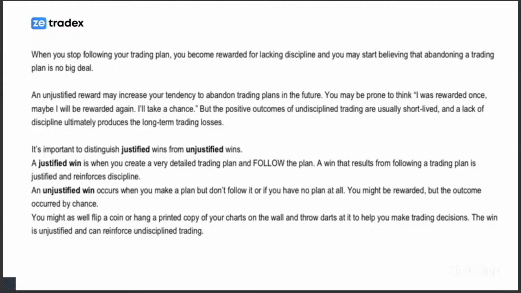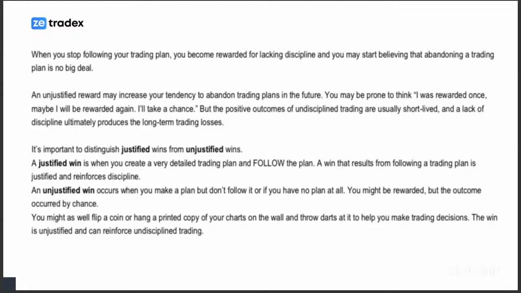It's important to distinguish justified wins from unjustified wins, because a justified win is when you create a very detailed trading plan and follow that plan. A win that results from following a trading plan is justified and reinforces discipline. An unjustified win occurs when you make a plan but don't follow it, or if you have no plan at all.